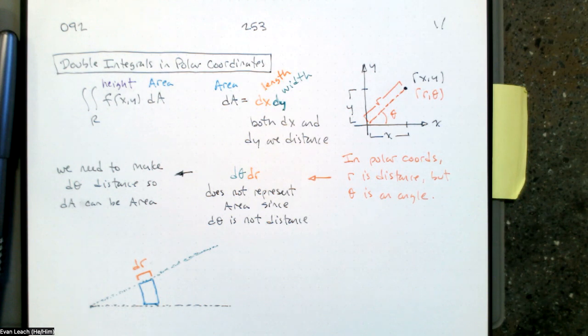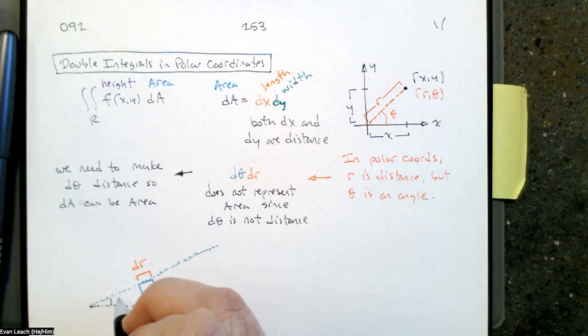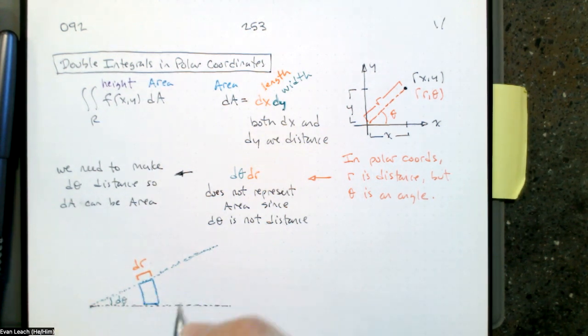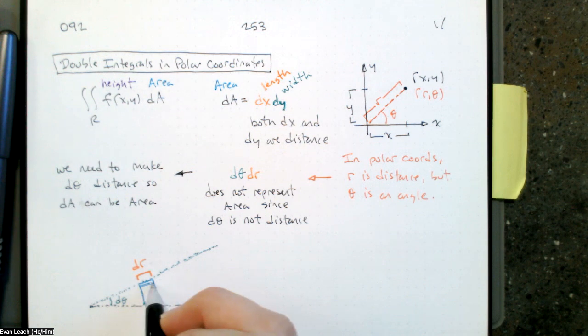There's dr representing a distance, but the d theta is way back here as an angle. And this is what I want to call dA.